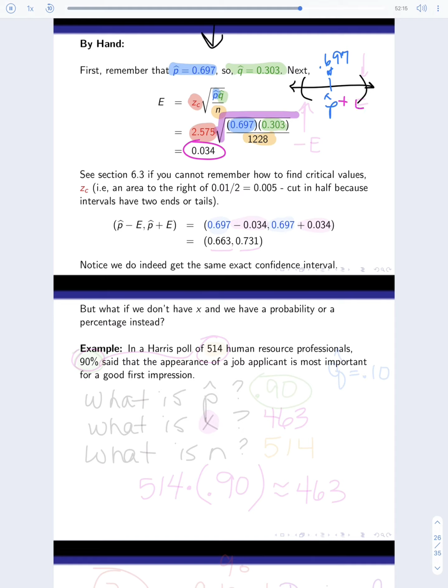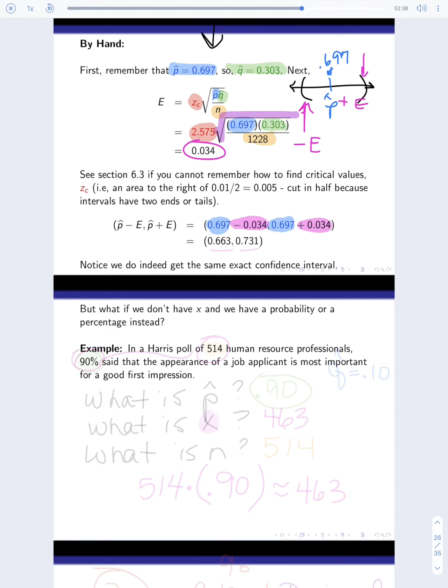So you'd add the error to get the upper end, and you'd subtract the error from the p-hat to get the lower end. So we take the p-hat, which is the 0.697, and we add the error to get the upper end, and subtract the error to get the lower end.